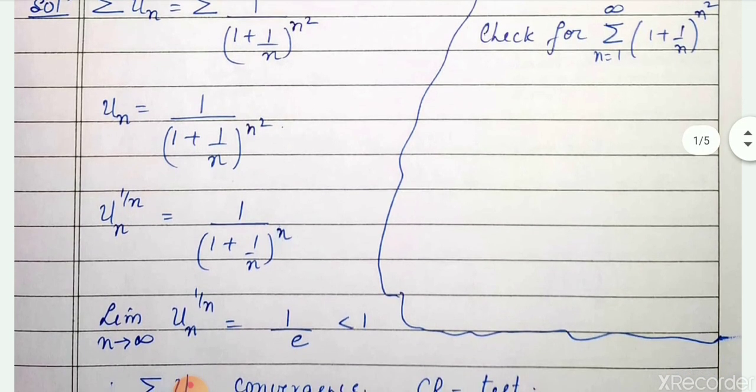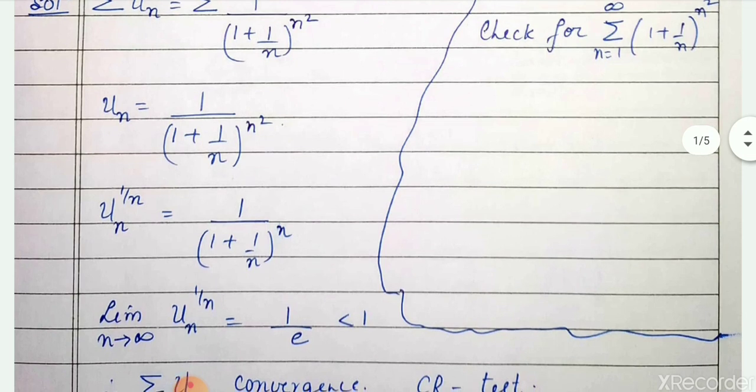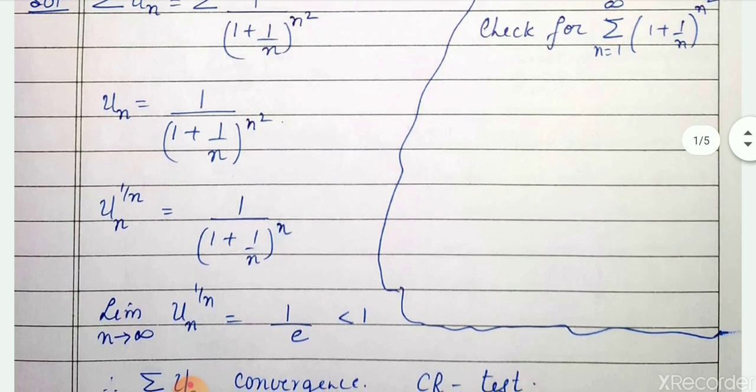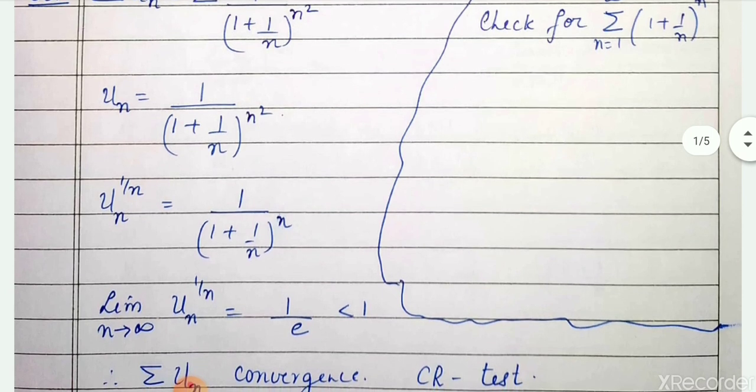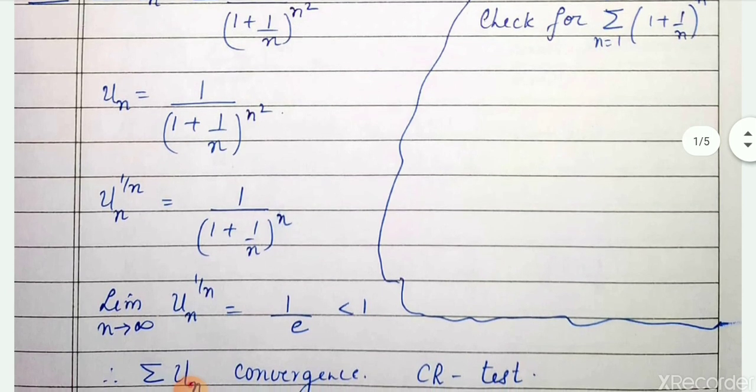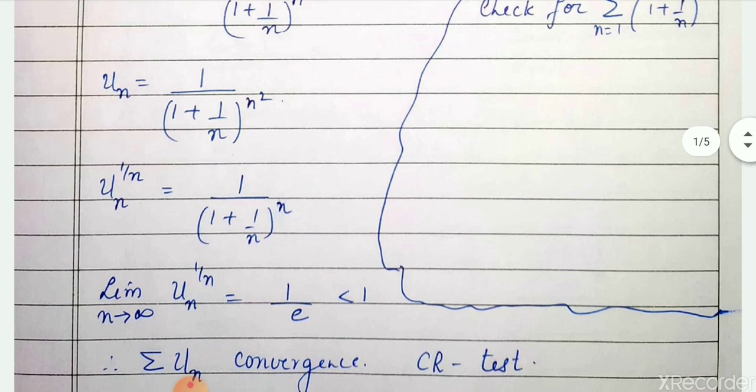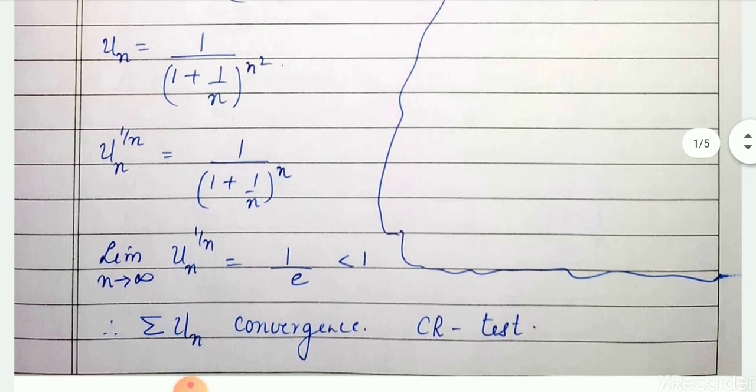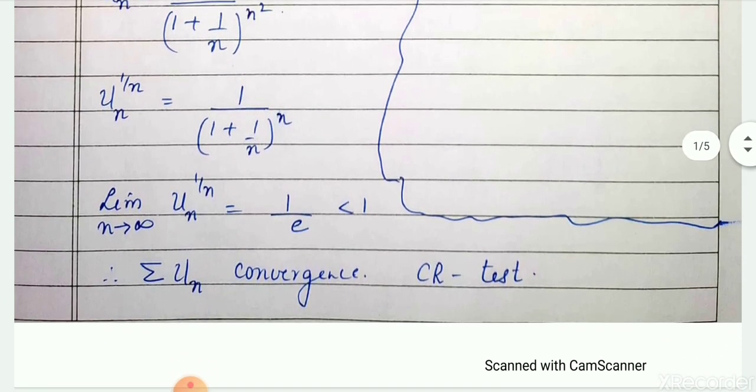We take the nth root of this nth term, so it becomes 1 divided by 1 plus 1 by n raised to n. We apply the limit as n tends to infinity, and already we know this result, (1 plus 1 by n) raised to n as n tends to infinity is e. So we have the value as 1 by e. So 1 by e is less than 1. So as per Cauchy root test, sigma un converges.